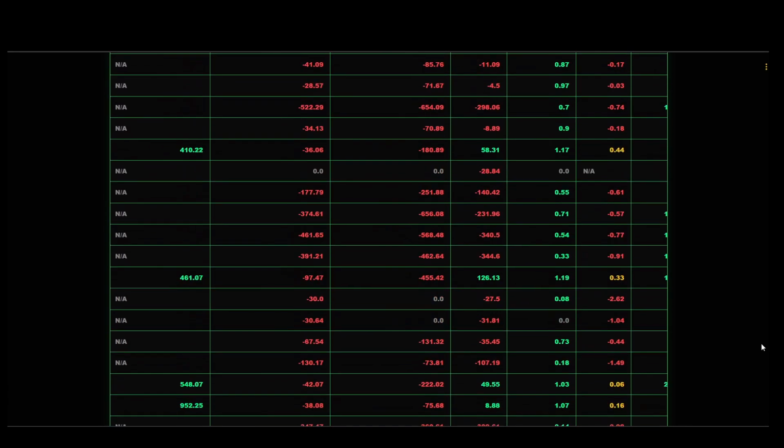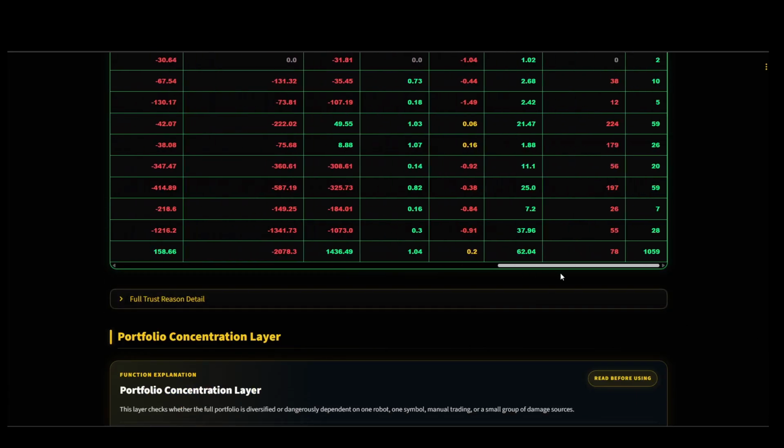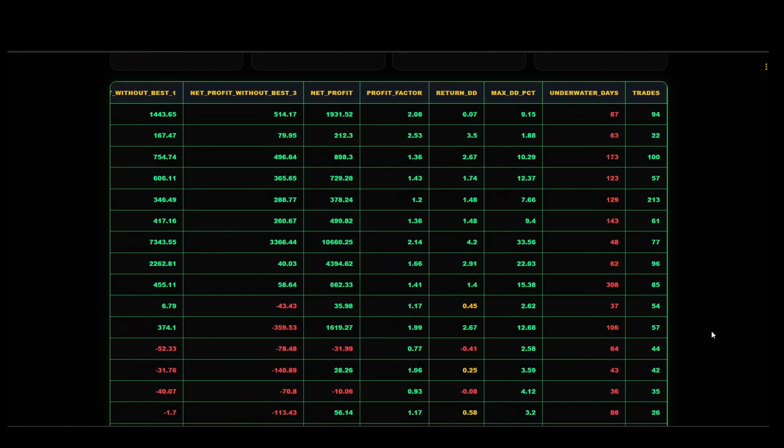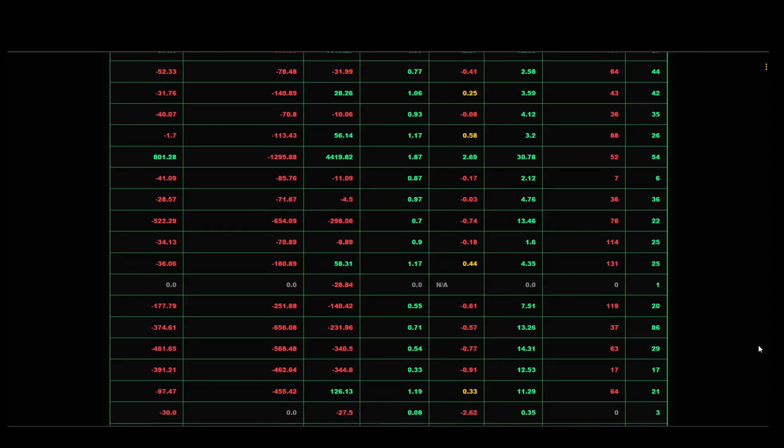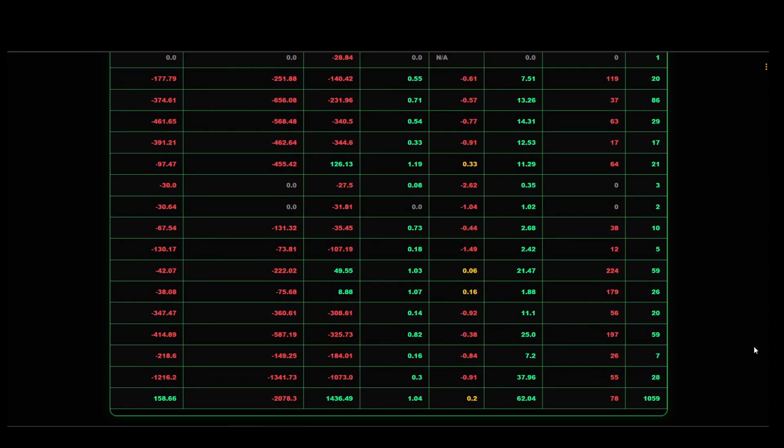And honestly, this is where the workflow becomes extremely deep, because now the tool is combining profitability, dependency structure, drawdown behavior, recovery quality, psychology pressure, and trade durability, all into one institutional-style trust evaluation layer. So at this point, the workflow is no longer behaving like a normal EA report. It behaves much more like a structural capital allocation filter for the full robot basket.